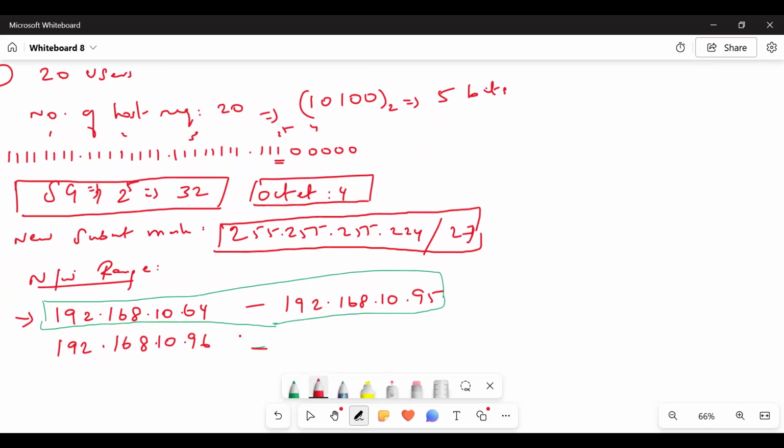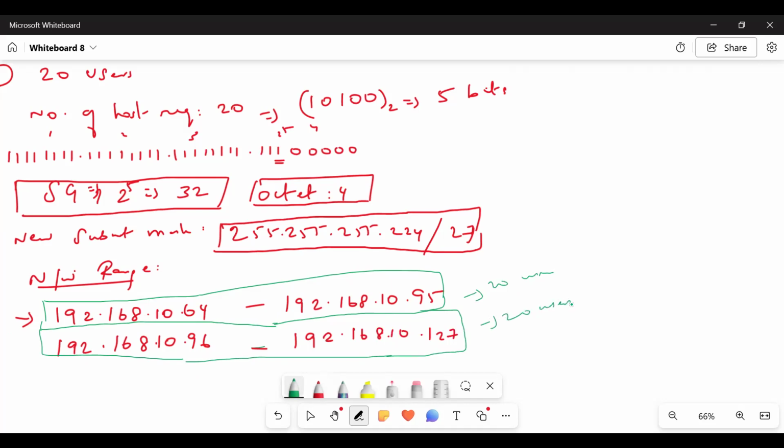So we will be getting 128. So 192.168.10.127 will be allocated for another 20 users. This is for 20 users, and this is for another 20 users.